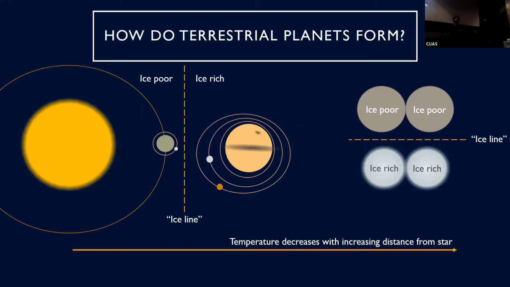It's too hot. Broadly speaking, the only ice and water you're going to find within this region is in a gaseous form, so it doesn't stick together. Out here, however, where you're in an ice-rich region, things have a higher water content.